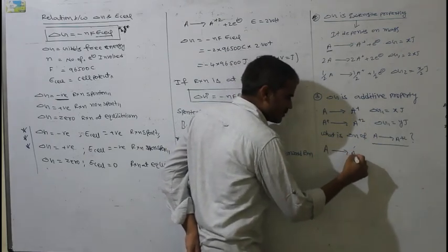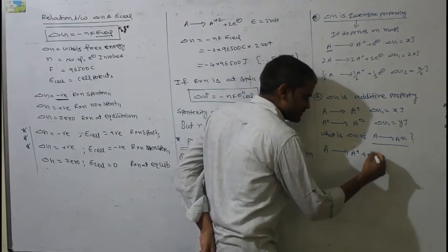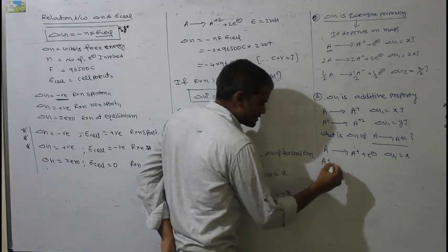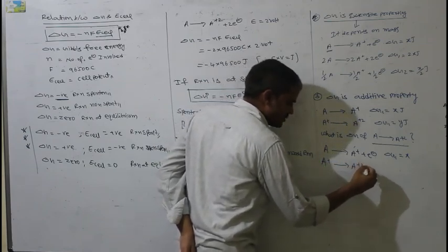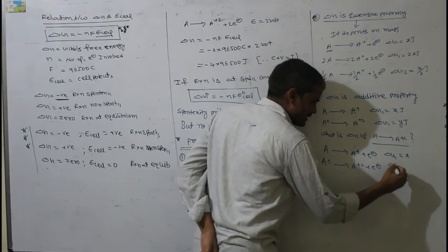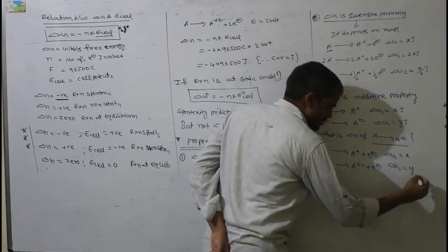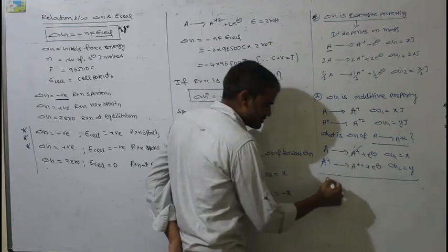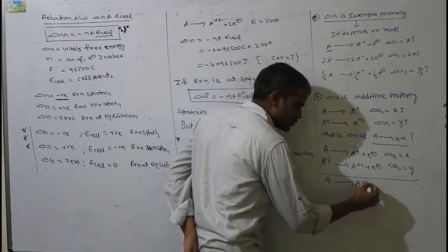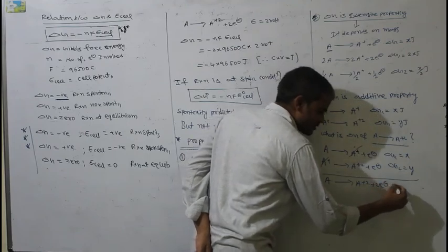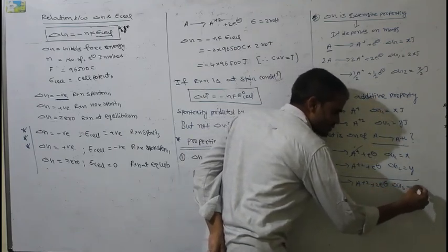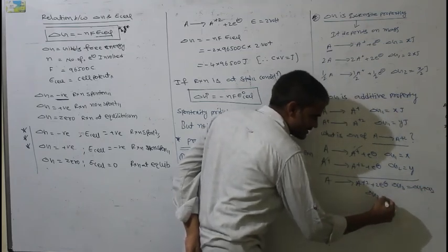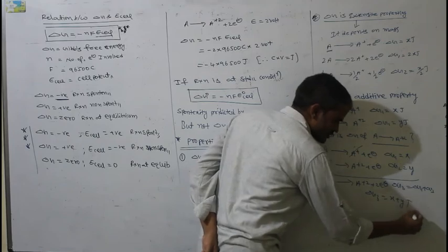A converting into A plus by loss of one electron, del G1 equal to X. A plus converting into A plus 2 by loss of one more electron, del G2 equal to Y. When you add both equations by cancelling similar factors, it becomes A gives A plus 2 by loss of 2 electrons. So del G3 equals del G1 plus del G2, that is X plus Y joules.